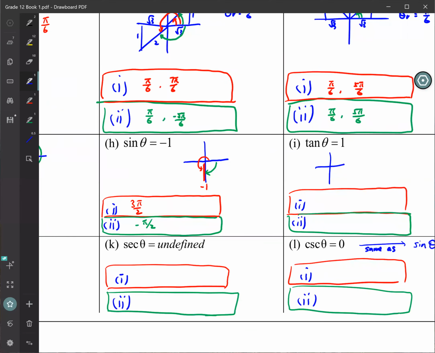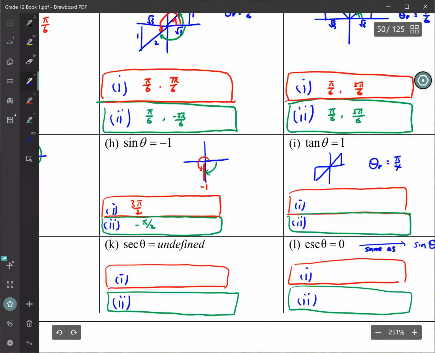It's not on the axis for this one. I hope nobody fell for it. It's actually still in the quadrant. So what's the reference angle, William? 45. I mean, radian. Pi over 4. Yes, okay.